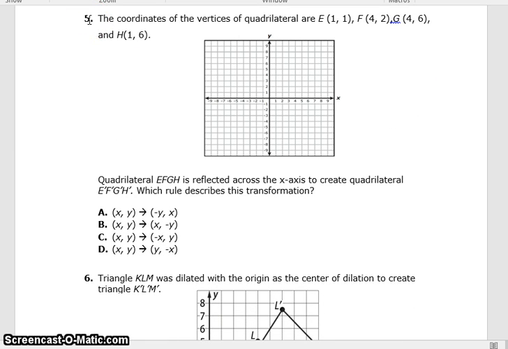Number 5. The coordinates of the vertices of quadrilateral are E, F, G, and H. Quadrilateral EFGH is reflected across the x-axis to create quadrilateral EFGH prime. Which rule describes this transformation? Reflected across the x-axis.